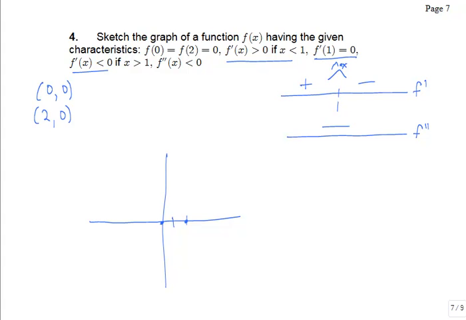Okay? So let's put this information into a sketch, and I'm going to do it by drawing in those imaginary vertical lines, and I actually only have one here right through 1, where I see plus signs on my first derivative, I'm increasing. Where I see minus signs, I'm decreasing.